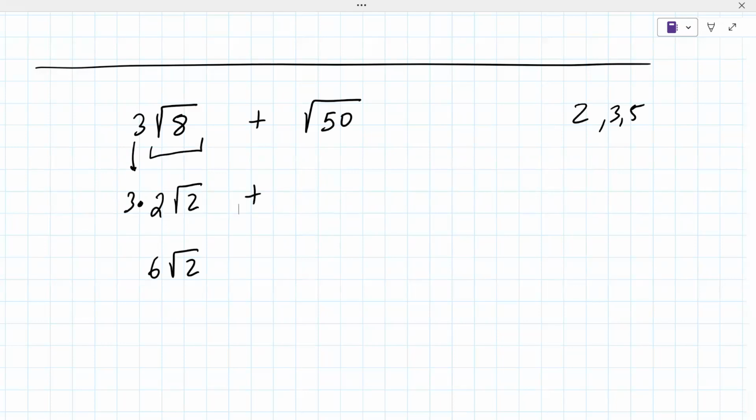So now do the same thing for 50. Okay, so let's see.